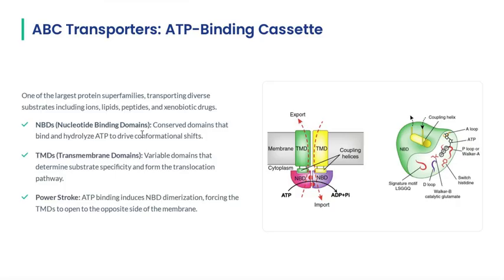The nucleotide-binding domains are conserved domains that bind and hydrolyze ATP to drive conformational shifts. The transmembrane domains are variable domains that determine substrate specificity and form the translocation pathways. And then we have the power stroke, where ATP binding induces the nucleotide-binding domains to dimerize, forcing the TMDs to open to the opposite side of the membrane.